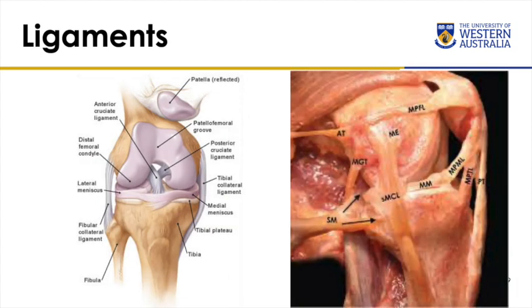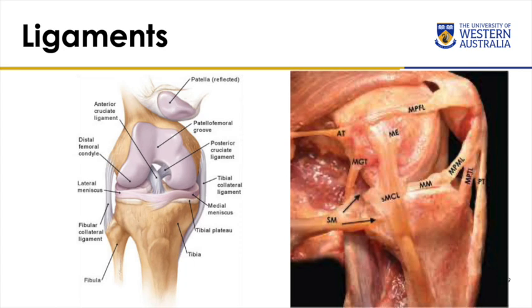We look at the ligaments of the knee. The 4 most important ligaments are the 2 cruciates, anterior and posterior cruciate, as well as the 2 collaterals, the medial collateral or MCL and the lateral collateral or LCL.